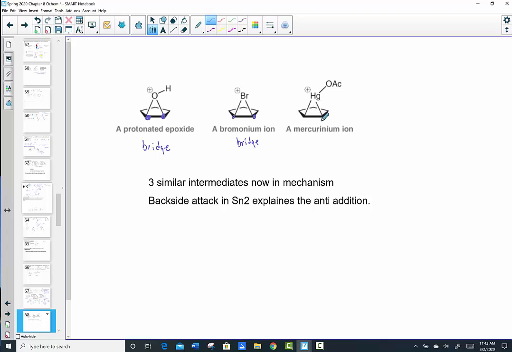And the mercurinium ion formed a bridge, no possible rearrangements. These are three similar intermediates now in our mechanism tool bag, all explaining the anti-addition for an SN2. Remember, the SN2 is always a backdoor attack, a bimolecular collision, where bonds are breaking and new bonds are forming all the time.